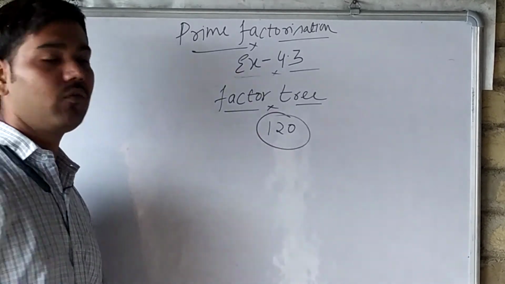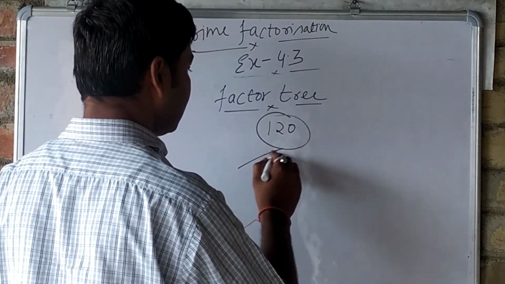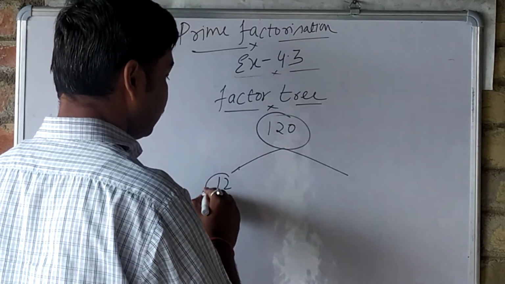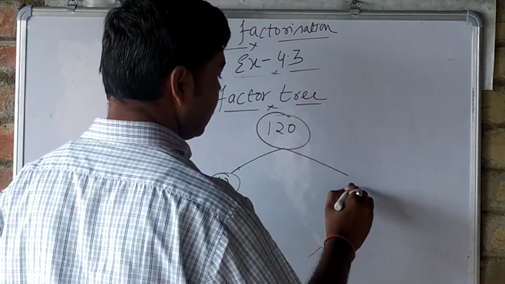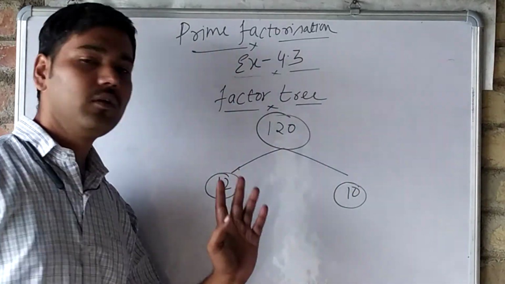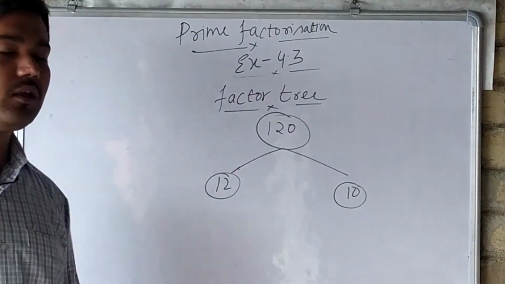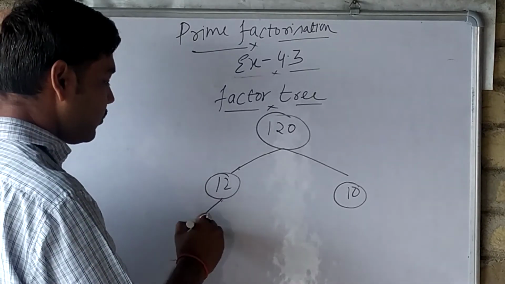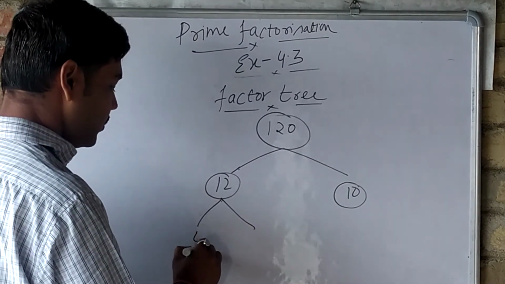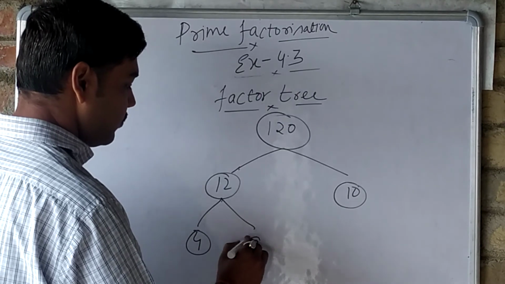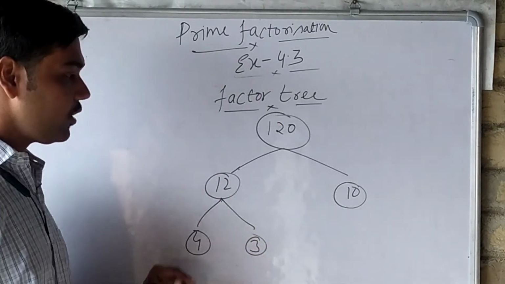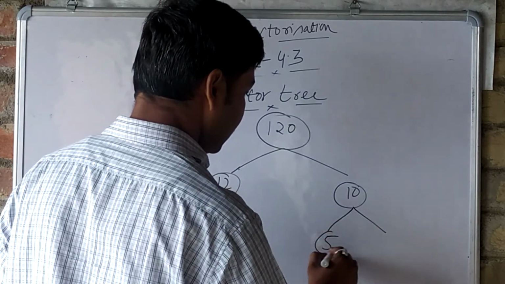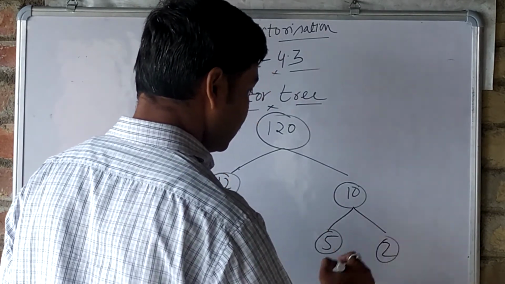Now we know that 120 means 12 into 10, 12 tens are 120. Now again this 12 will be broken into which two numbers: 4 into 3, 4 threes are 12, and 10 will remain here as 5 into 2, 5 twos are 10.